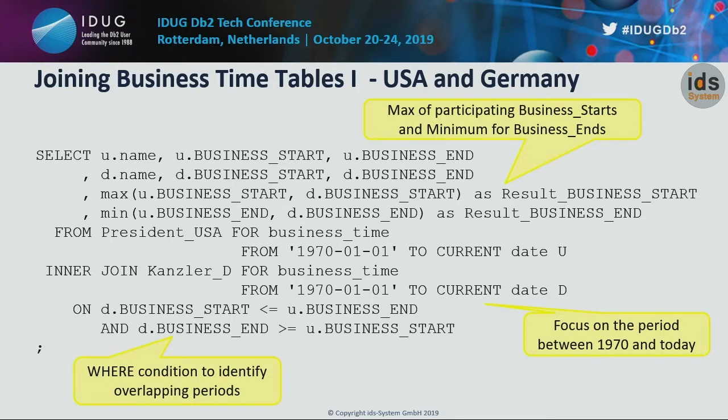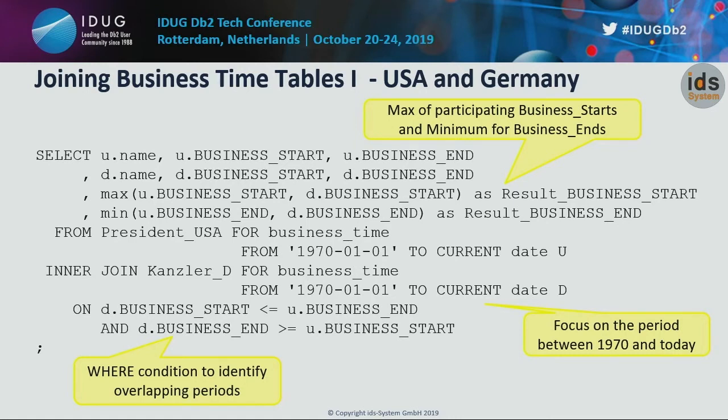I tend to write it wrong, from President USA U, and for business time that doesn't work. So the correlation name has to really be at the end. So be aware of that. And we do an inner join of the Chancellor Deutschland table, with the same business period and the where condition we just talked about.